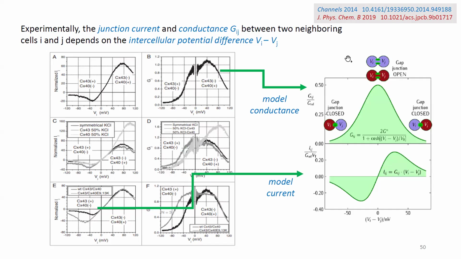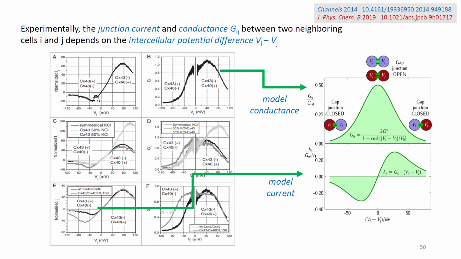It is not enough to consider only a single cell state. We should consider at least cells that are coupled with junctions between them. To this end, we again go to experimental data concerning the current voltage curves obtained with typical, for instance, connexin proteins, in this case connexin 43 and connexin 40.